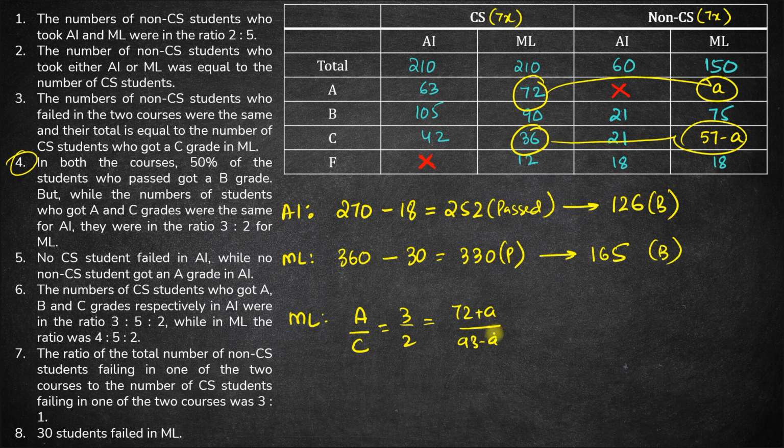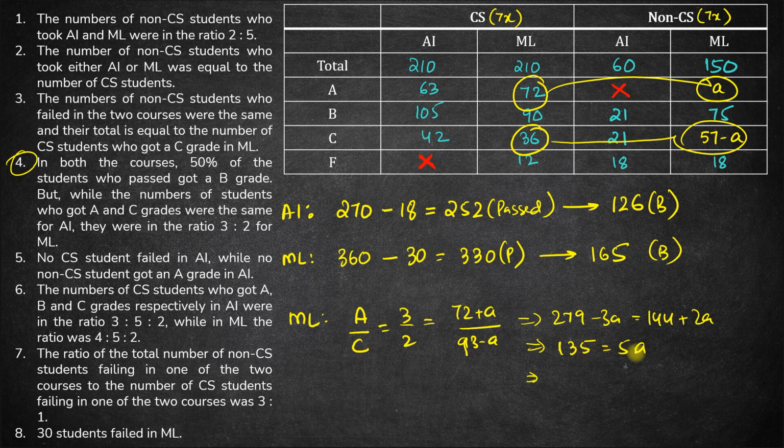So let us solve for it now. Thrice of 93 minus A is 279 minus 3A is equal to twice of 72 plus A, which is 144 plus 2A. So we have 279 minus 144 is, sorry, this should be 135, right?